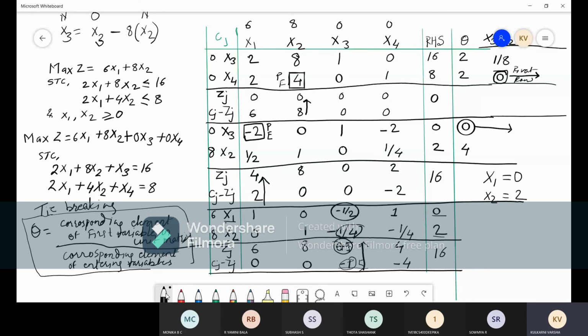In RHS, you got 0 first, then 16, and then again 16. When you are getting 16 repeatedly, it means in the third iteration also you will get 16; it will not increase anything. So z is equal to 16. This will be your answer, and you should highlight it.